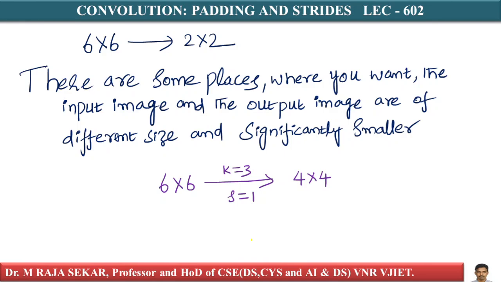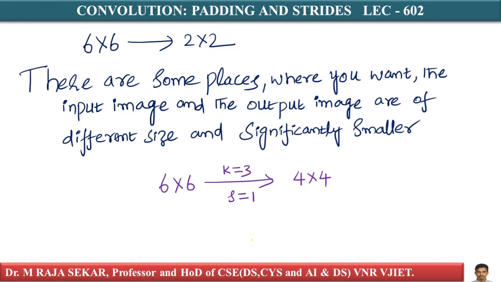Your input size is 6 by 6, your output size is 4 by 4. But actually I want a much smaller matrix. Here you are getting a 4 by 4 matrix, but I want a much smaller matrix.